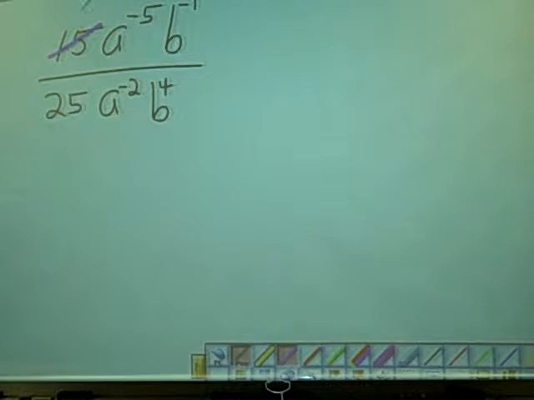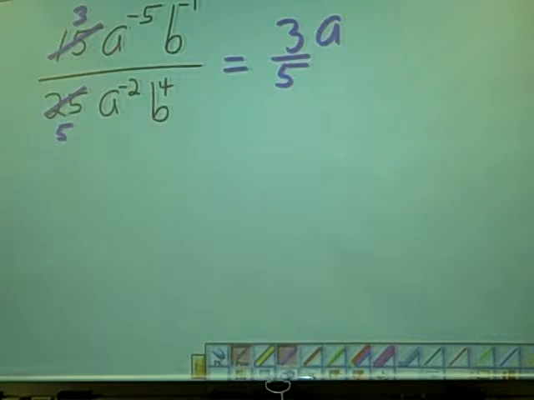So we cancel 5, and the 15 is 3 times 5 and 25 is 5. So here we have 3 over 5, and then work through the exponents for A, work through the exponents for B, simplify them, and then come up with your answer. All right, go ahead and do the rest of that.